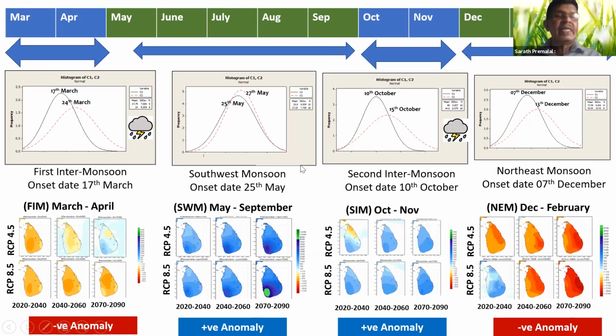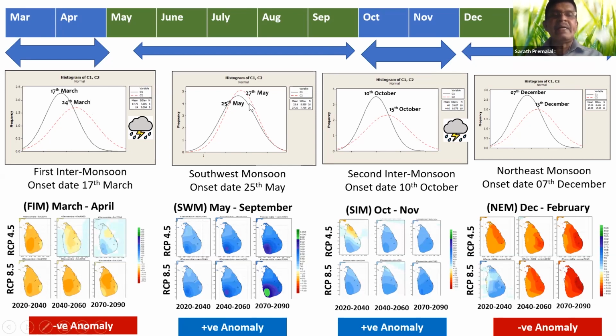You can compare the expected rainfall in future and the shift in the onset of the monsoon season. That will lead to less rainfall in March and more rainfall in April. But combined March and April rainfall is even less than the average.